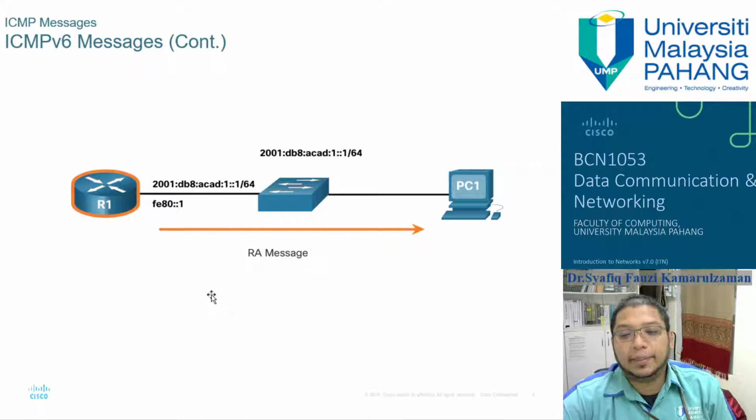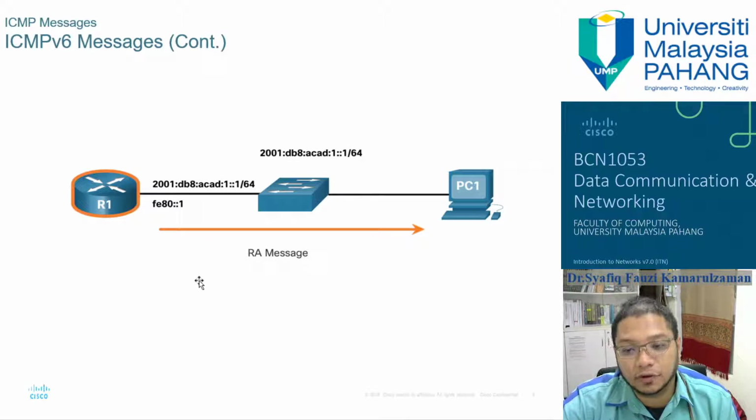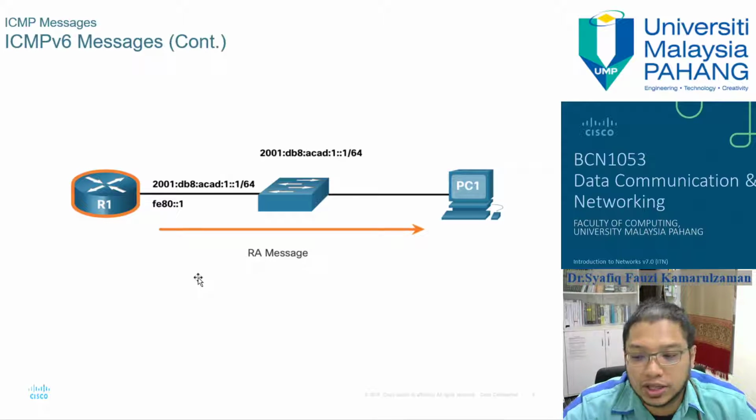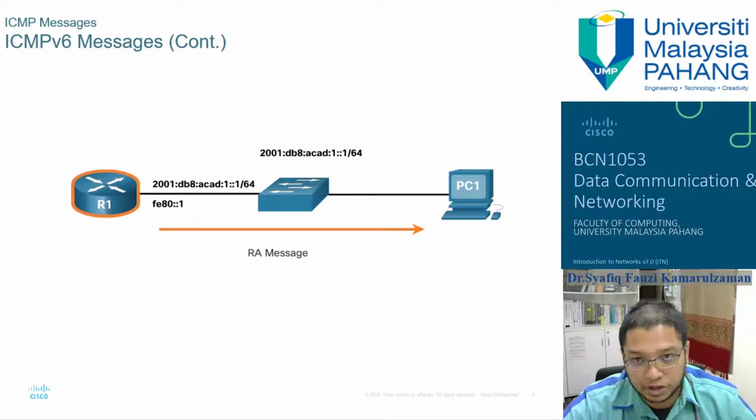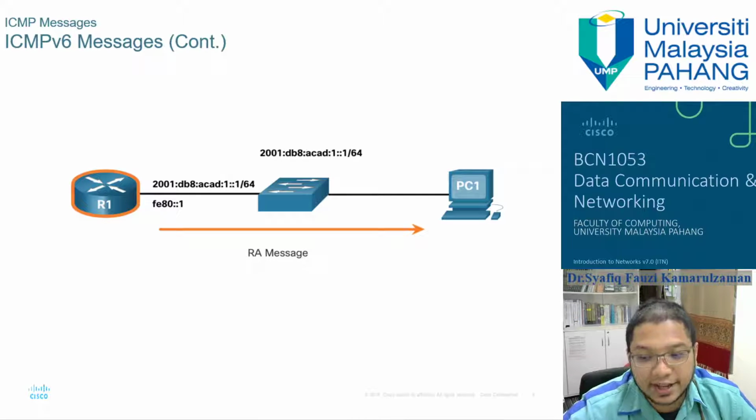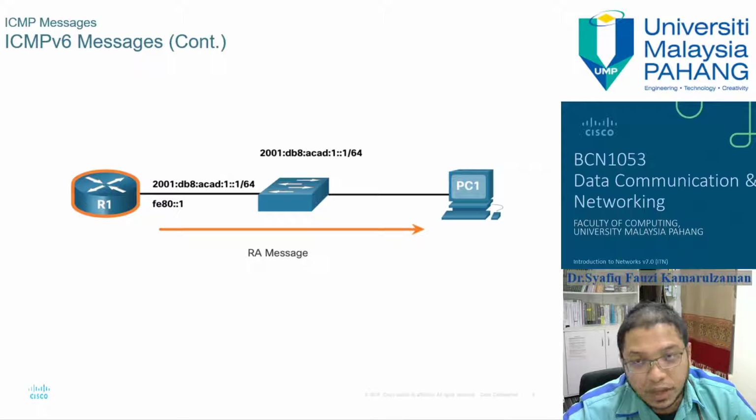The RA message can include addressing information for the host such as prefix length, DNS address, and domain name. A host that uses stateless address auto configuration, which is SLAAC, will set its default gateway to the link local address of the router that sent the RA.